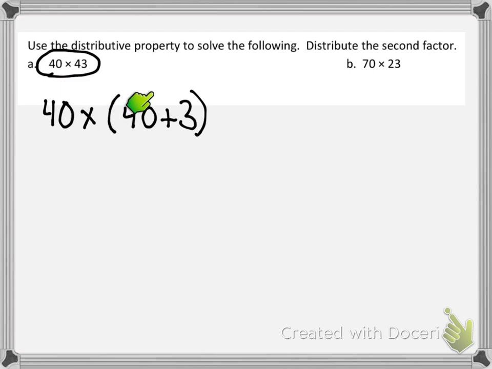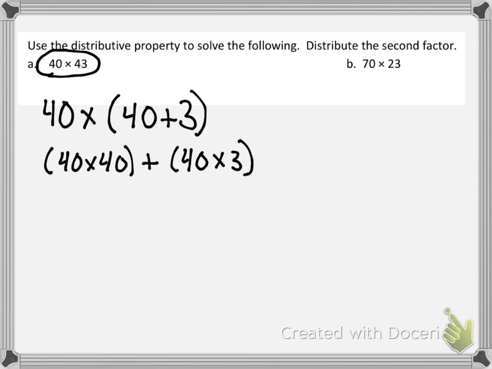So now let's take each one of these numbers and multiply it by 40. So we get 40 times 40 plus 40 times 3. And when we do that, we get, because 4 times 4 is 16, how many zeros do we have?